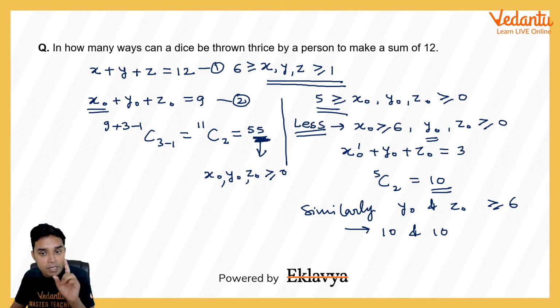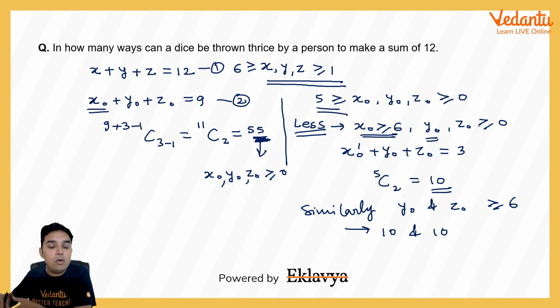But here, please understand one more thing, that if x0 becomes greater than or equal to 6, then in equation number 2, y0 or z0 separately cannot become greater than or equal to 6. So only the condition of x0 greater than or equal to 6 is sufficient.